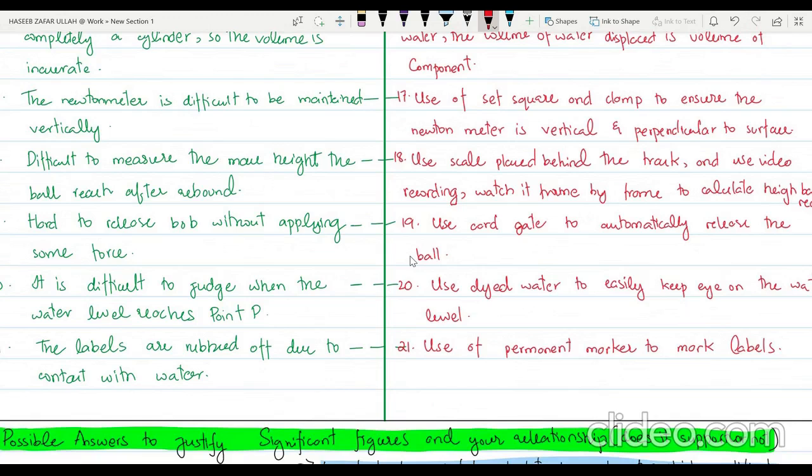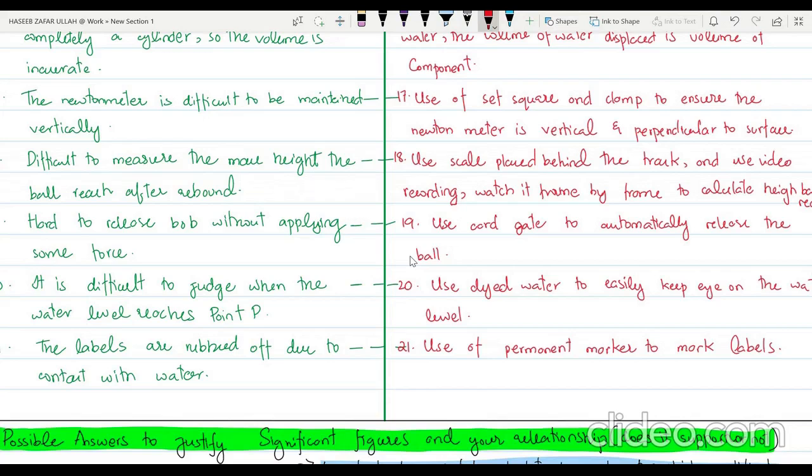The other point is it is difficult to judge when the water level reaches point P. This applied to the scenario where there was some water in a beaker given to us, and we were measuring the pressure by making a hole in that beaker.